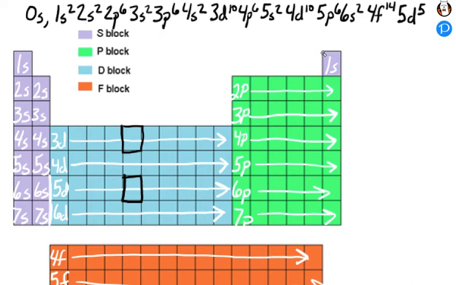Now, remember that the noble gases are over here along this column right here.